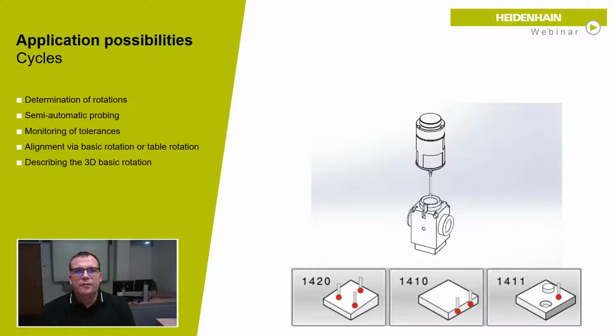And we can use the 1410 and 1411 for the alignment of the coordinate system parallel to the workpiece surface, so a basic rotation or, for example, a table rotation. Also, we can use tolerances during the measurement, and we can also automatically interrupt the probing cycle to do a manual prepositioning. That's the semi-automatic probing inside of the cycles.